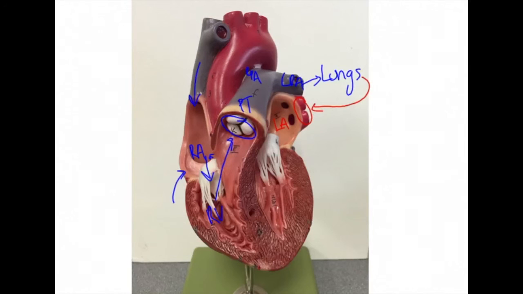which will push the blood through the bicuspid valve into the left ventricle, which will then push the blood through the aortic semilunar valve, which is not shown here, but will be right in that area, and will allow the oxygenated blood to flow through the aorta and into the rest of the body.